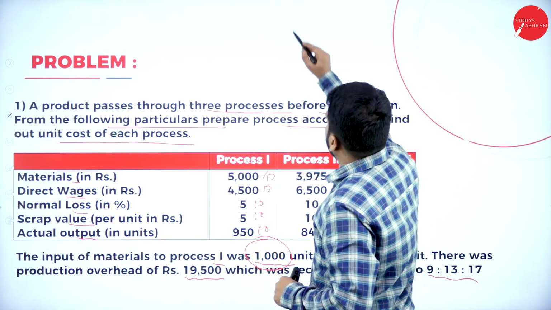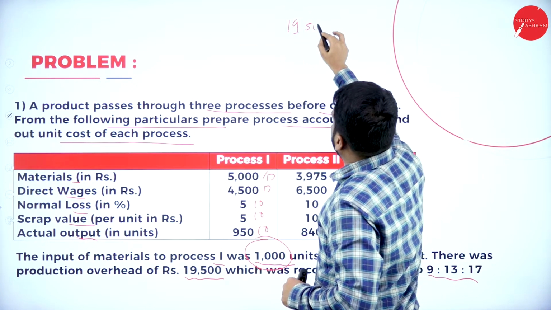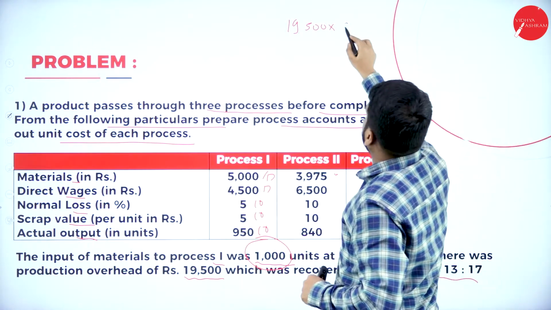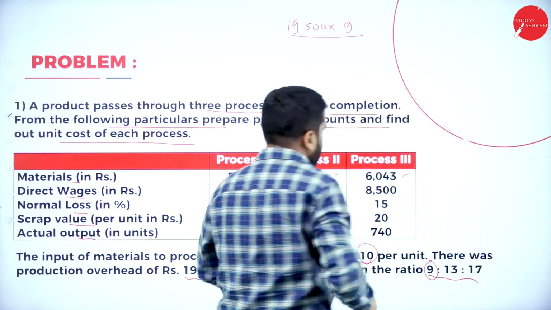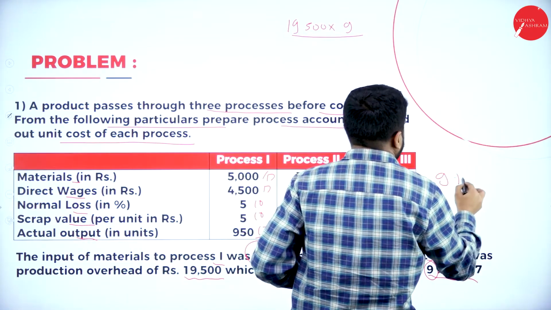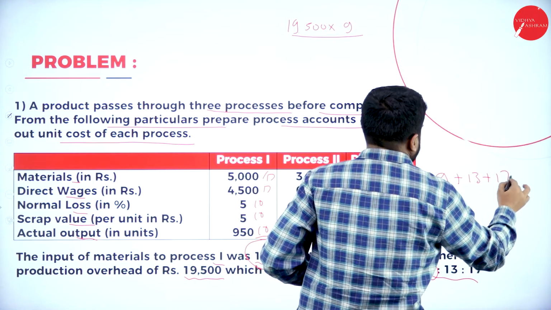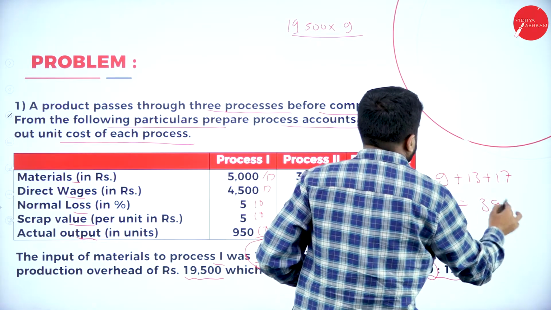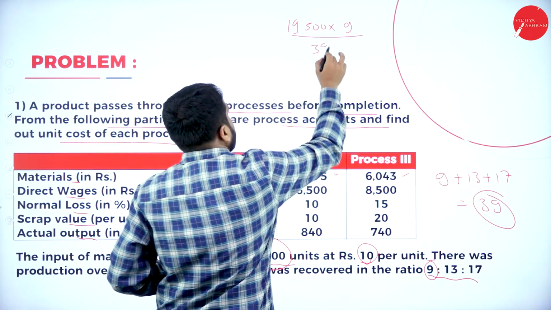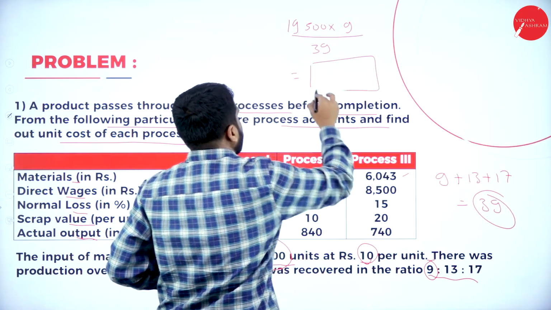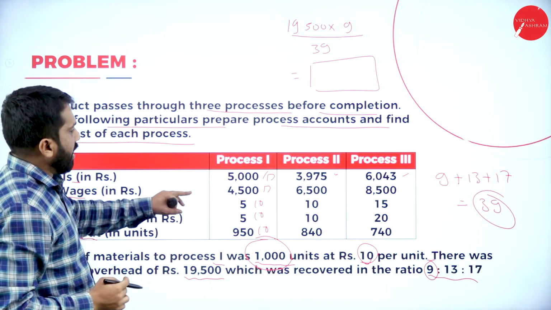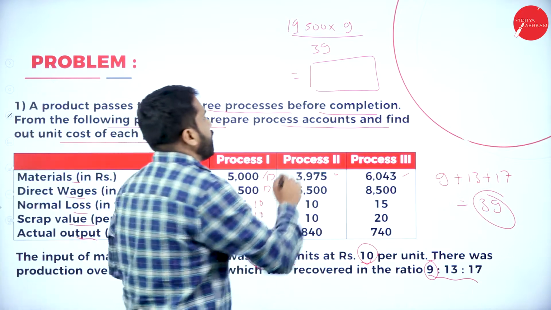See, your production overhead 19,500 into 9 divided by 9 plus 13 plus 17, which will be 39. Calculate how much you will get. If you calculate this, you will get around 4,500.